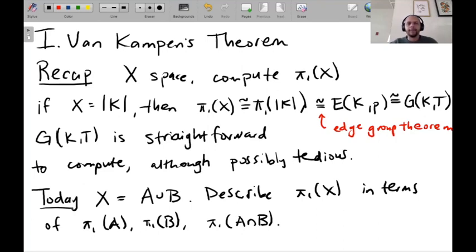Okay, so let me start to explain how this goes. And we're going to do everything combinatorially. So instead of spaces X, A, and B, we'll work with simplicial complexes.